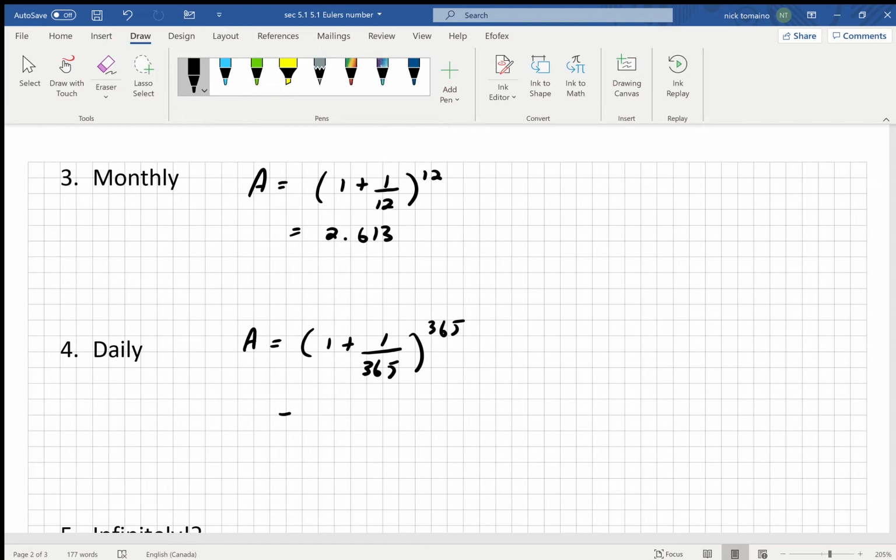And this is equal to, give me a minute here. This is equal to 2.7145. I've got to write them all down. 4, 5, 6, 7, 4, 8, 2.